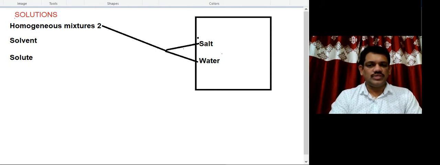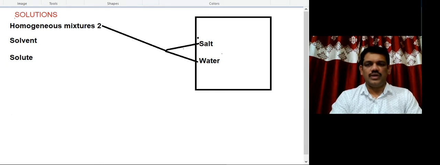In this example, what is the solvent and what is the solute? The solvent is the one having the larger quantity in a solution. If we want to prepare salt water, we take more water and a very small quantity of salt.